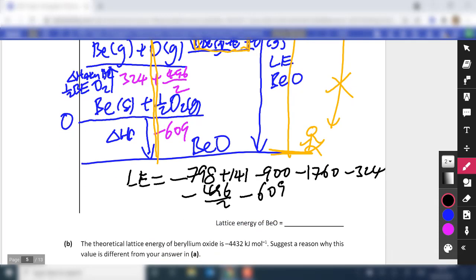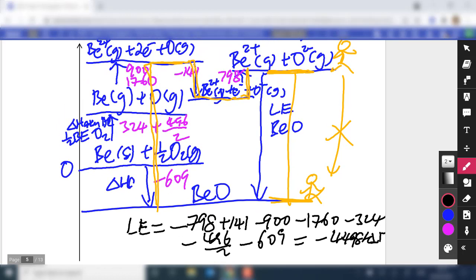This will give us a comfortable negative 4498 kilojoules per mole. So this is one way we can do it.